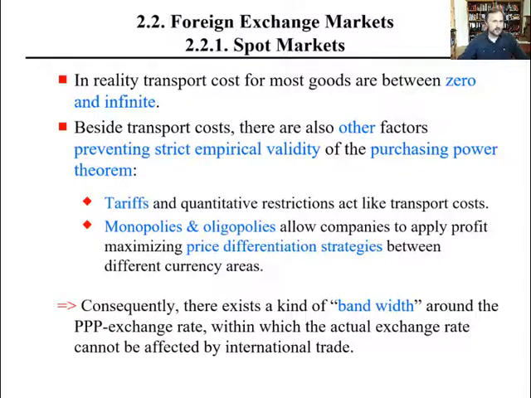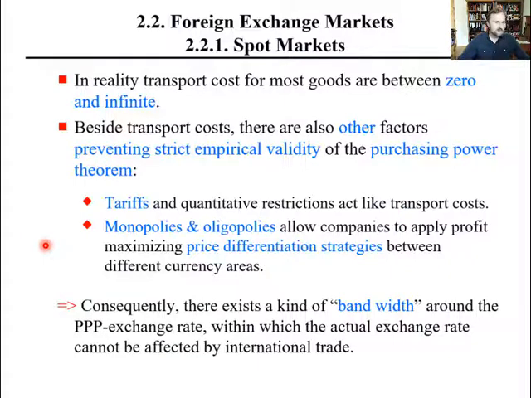Besides transport costs, there are also other factors preventing a strict empirical validity of the purchasing power parity relationship. For example, as already mentioned, import tariffs and quantitative restrictions in international trade can act like transport costs.